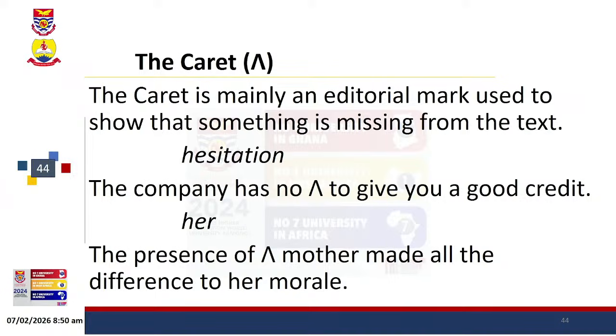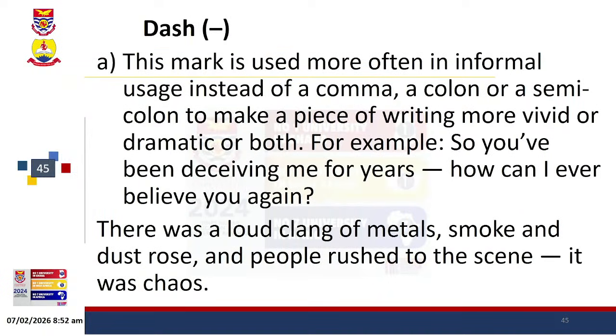Then the presence of mother made all the difference to morale. You have missed out a word, right? If you don't have the space to insert that word, bring a caret and then put the word there. So the presence of her mother made all the difference to her morale.